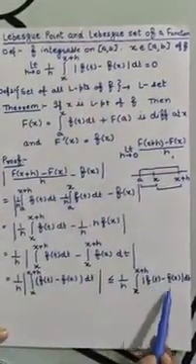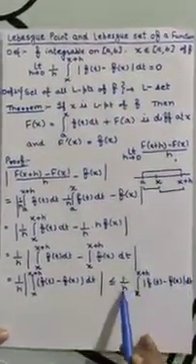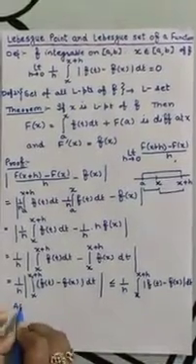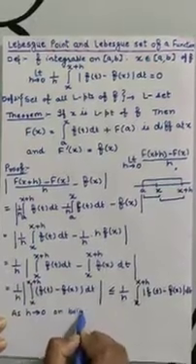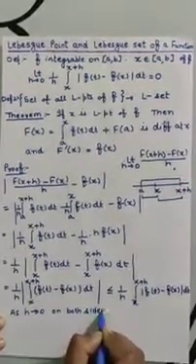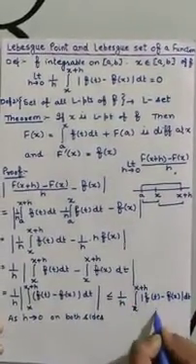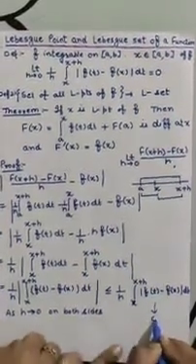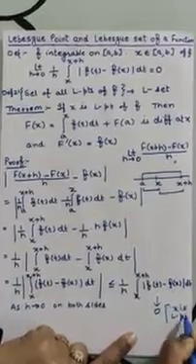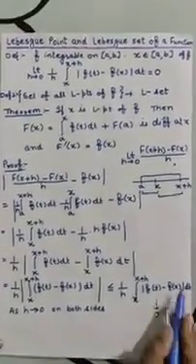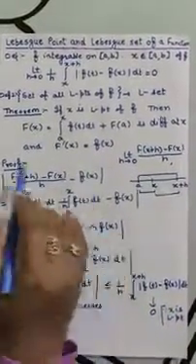So we have reached this limit, and as h approaches 0 on both sides, we see that this term approaches 0. Why? Because x is a Lebesgue point, right? So if this thing approaches 0, it means this thing approaches 0.